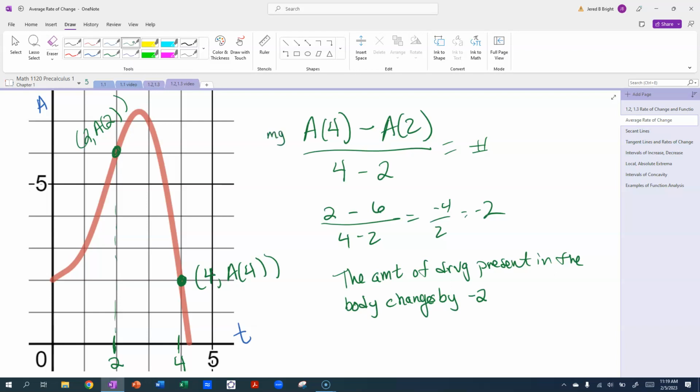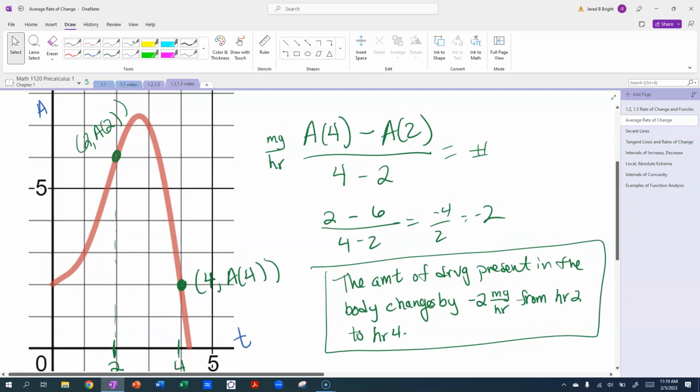This was milligrams per hour, so negative 2 milligrams per hour from hour 2 to hour 4. Make sure to conclude in context.